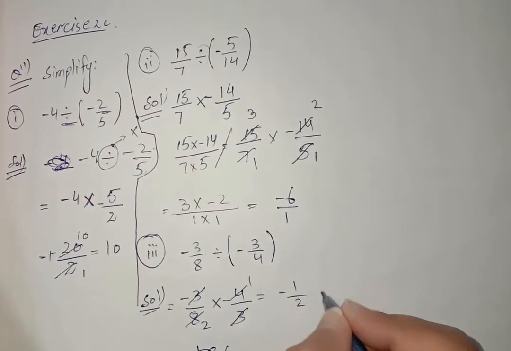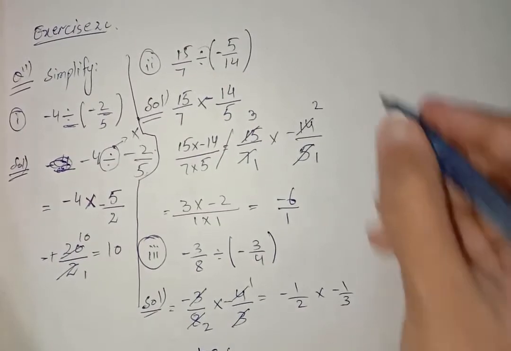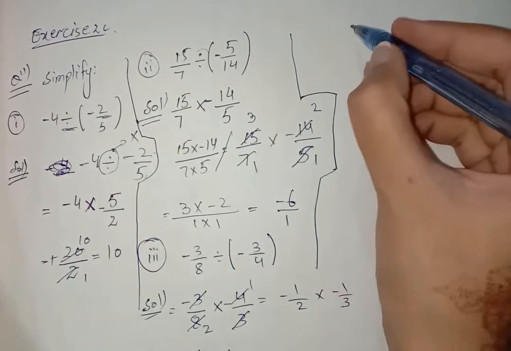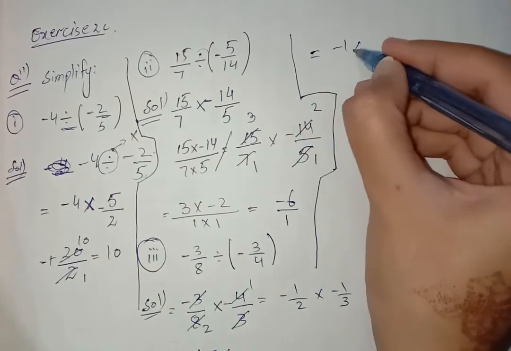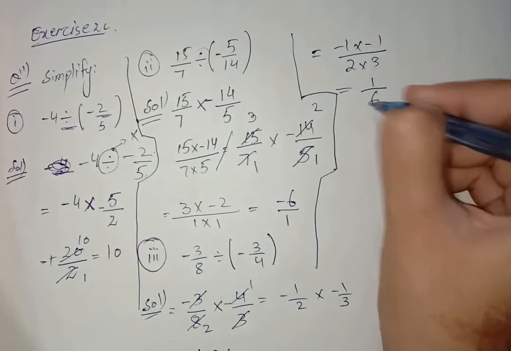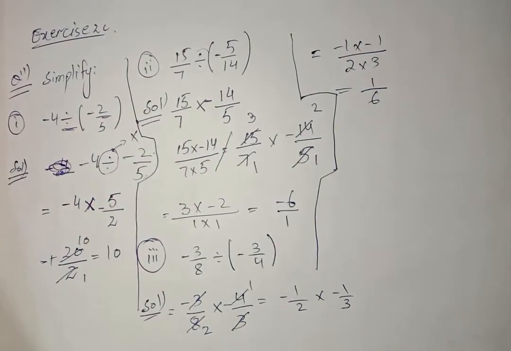Minus 1 by 2 is multiplied with minus 1 by 3. Minus 1 is multiplied with minus 1, 2 is multiplied with 3. 1 1s are 1, 3 2s are 6. So this is the answer.